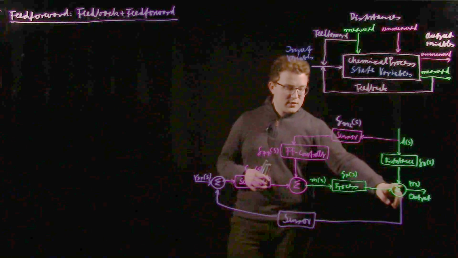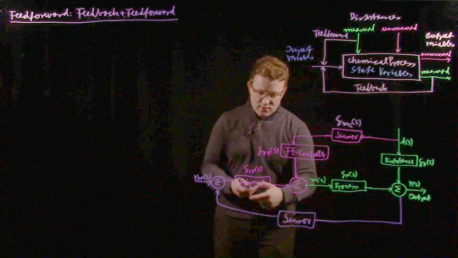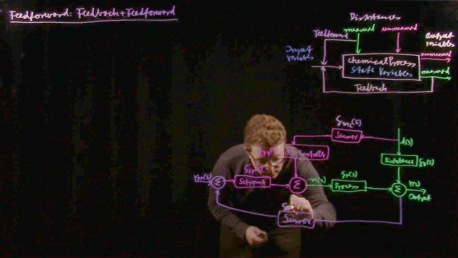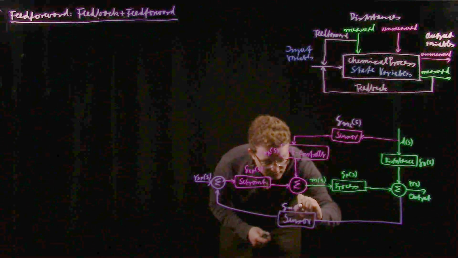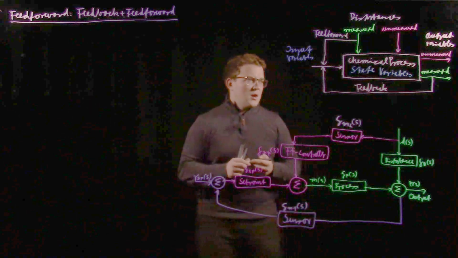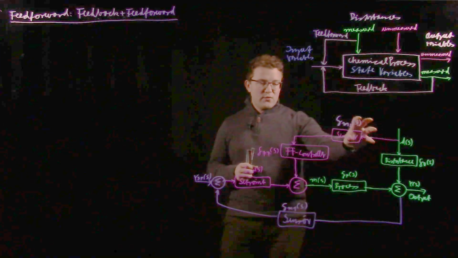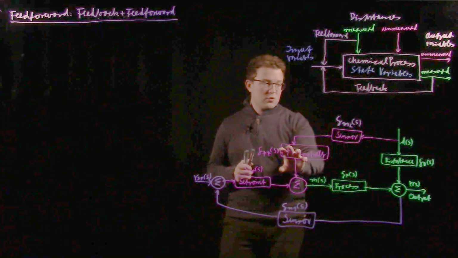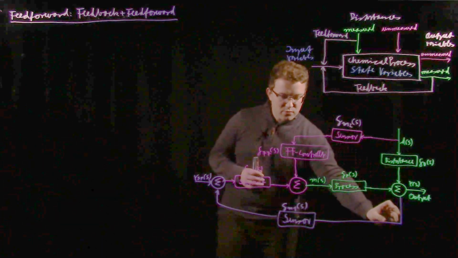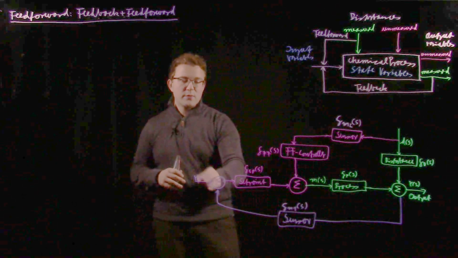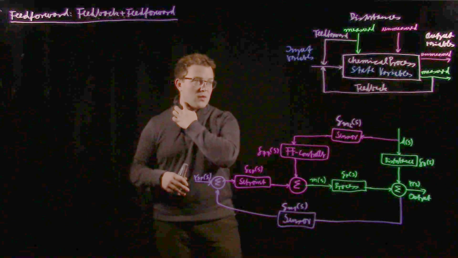This feedback loop is also built out of a sensor which has the transfer function GM1(s) for measurement number 1. And now we have two loops. On the top we have the feedforward loop with the feedforward control, and on the lower part we have the feedback control which measures the output and feeds it back to the input of the system.